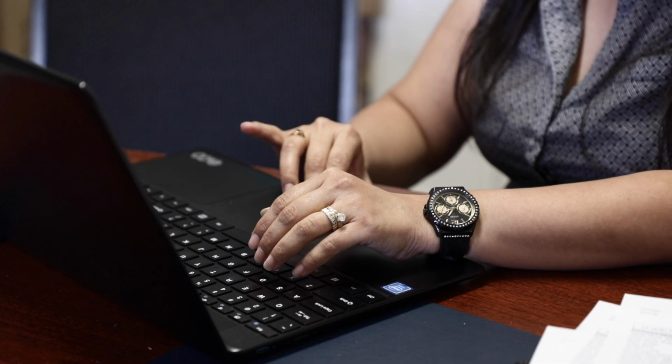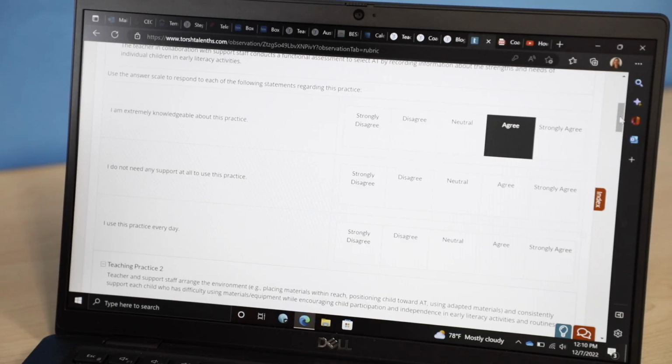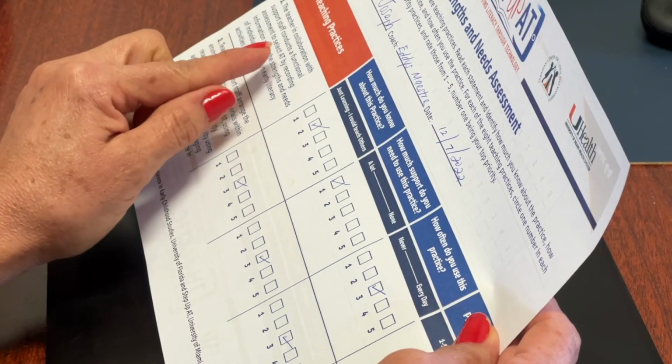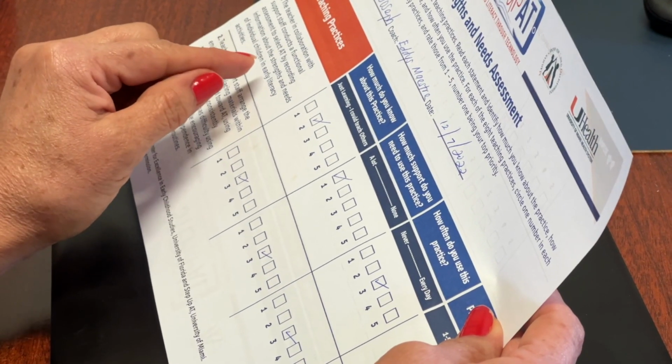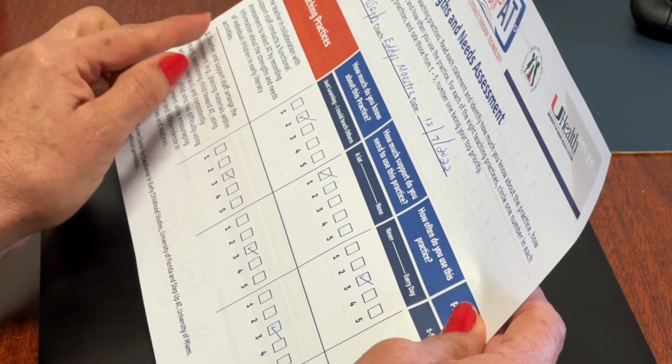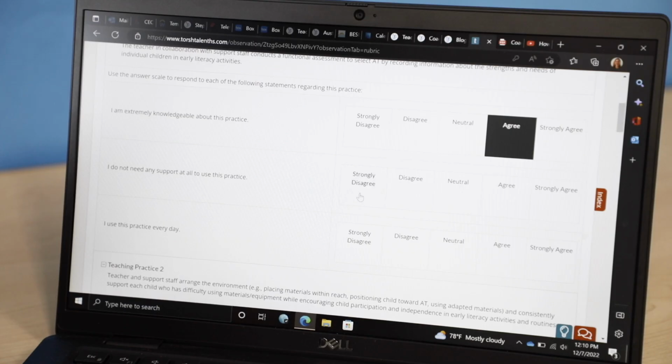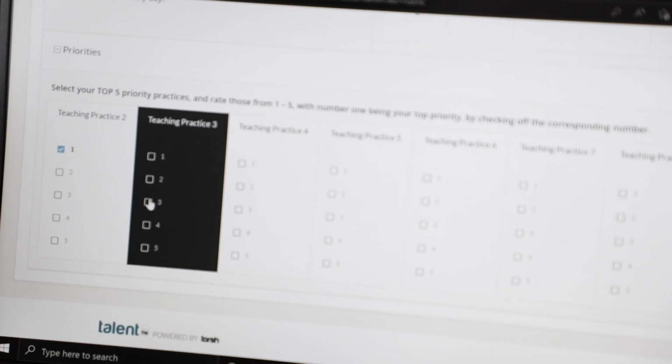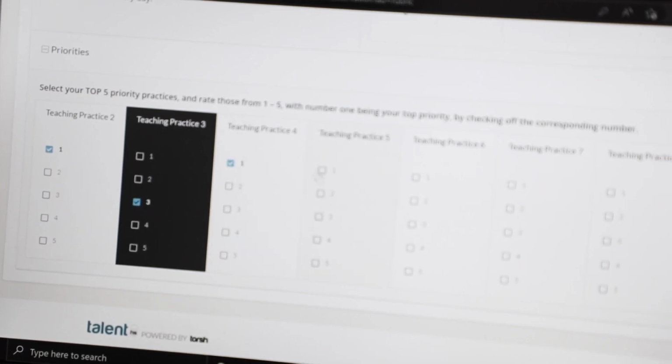As the teachers fill out the form, you can see their confidence and competence with each of the practices. By identifying how much awareness they have about each practice, how much support they need to use each practice, and how often they use the practice, they can prioritize which AT practice to focus on in order of importance.